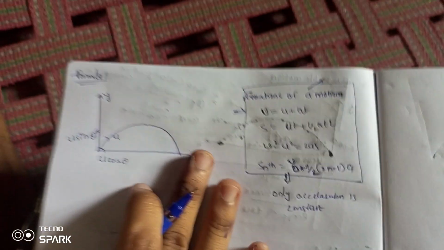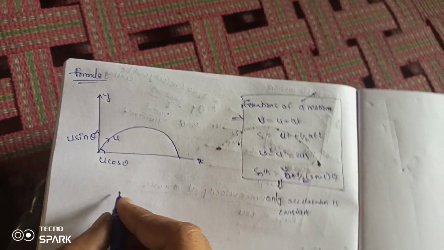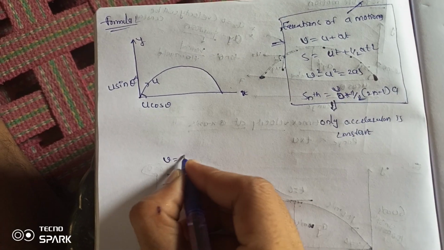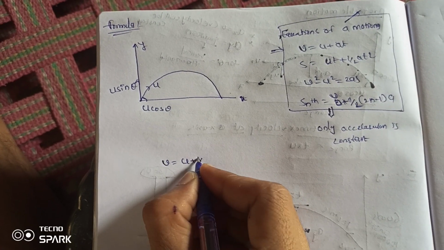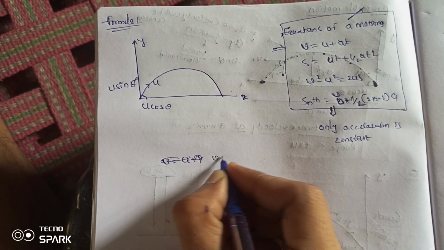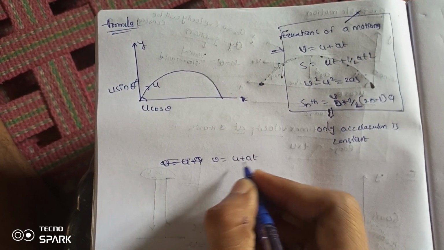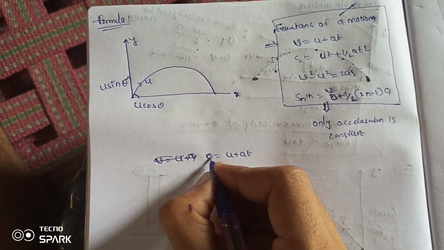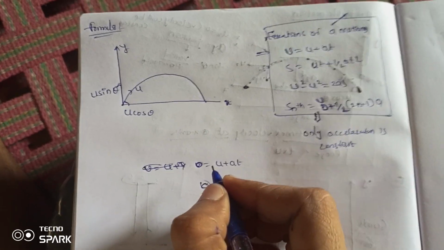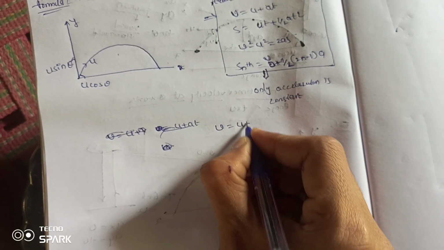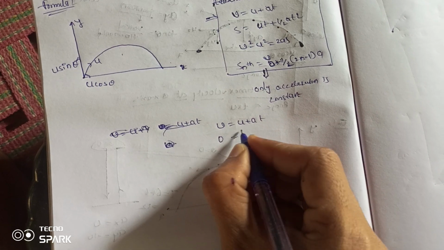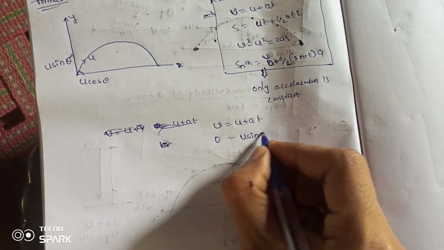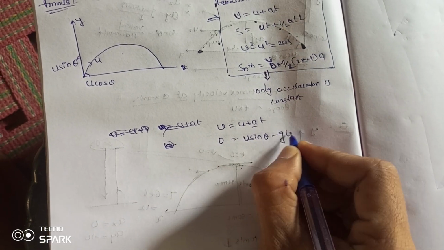Now take v equals u plus at. At the top the velocity is 0, u is u sin theta, and the acceleration is minus g, so 0 equals u sin theta minus gt.